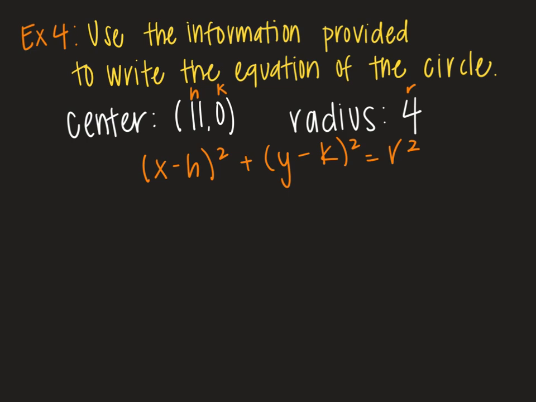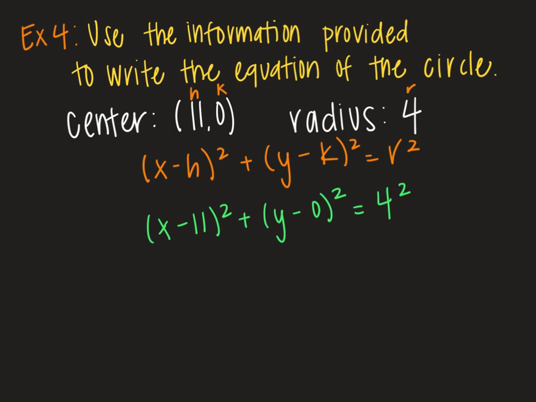I know 11 is h, so I'm going to plug in 11 for h. I know that 0 is k, so I have y minus 0 squared equals 4 squared.